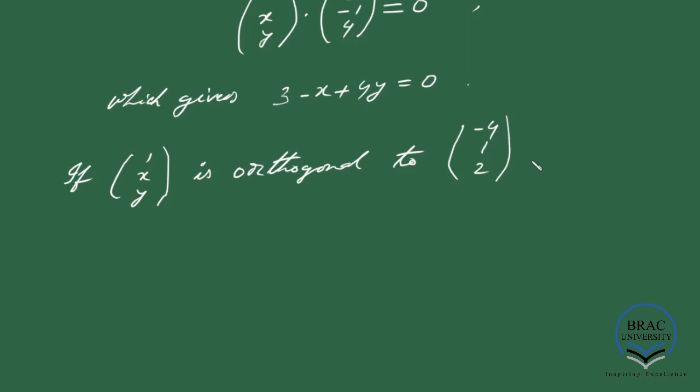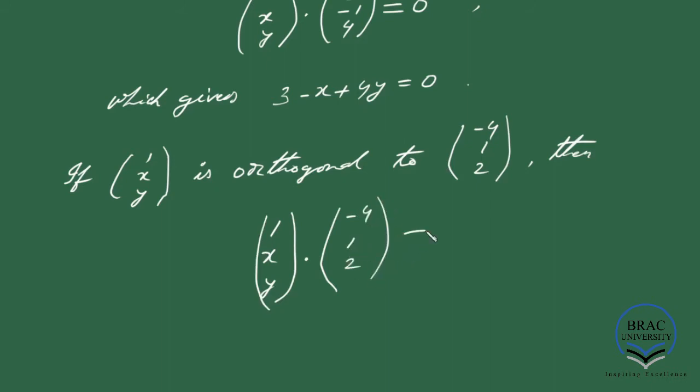These are the components of the last vector, if you recall. Because they're orthogonal, their dot product must be equal to 0. So you write 1, x, y, the first vector, and then the last vector, -4, 1, 2, and you take the dot product of them, and their dot product has to be 0.